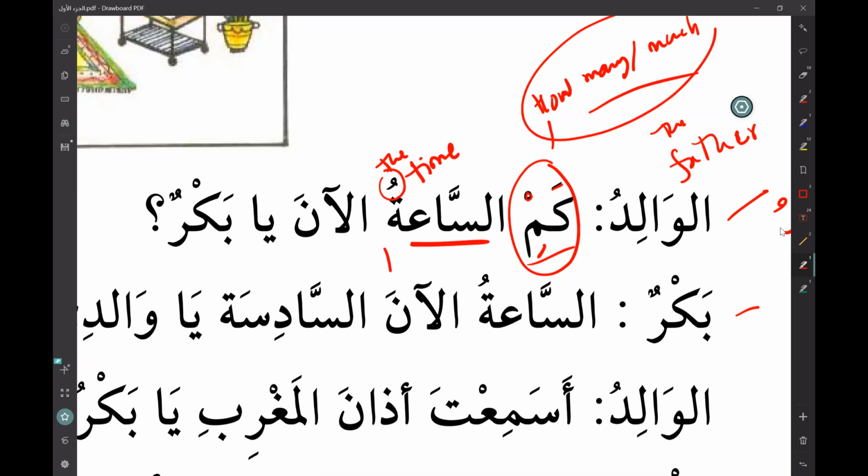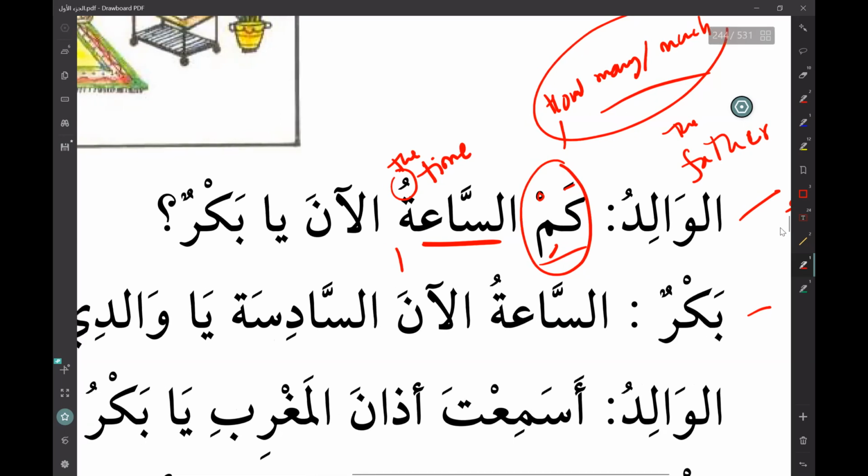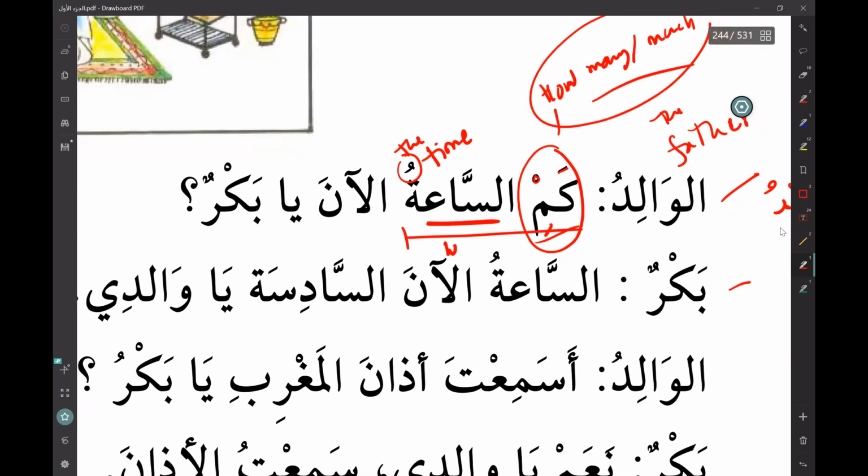Sometimes an expression doesn't follow the rules of meaning as well as the grammar. Is it clear? The whole thing is "what time is it," or you can say "what's the time." Either way, that doesn't matter.